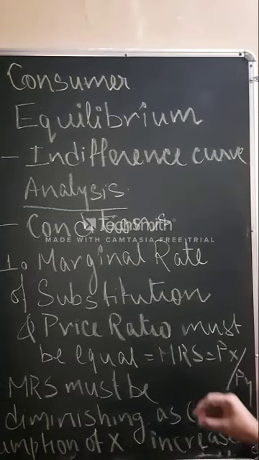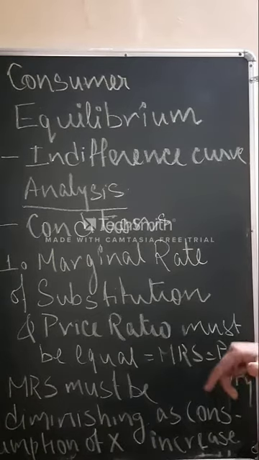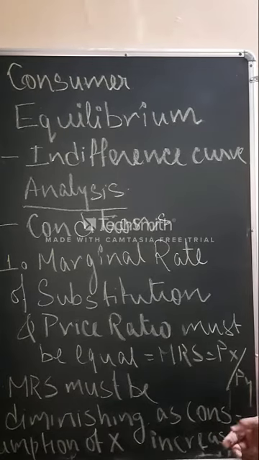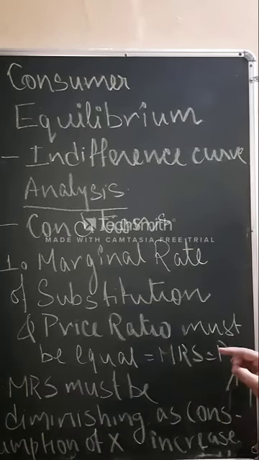This is the first condition, that the marginal rate of substitution, the rate at which in order to gain an additional unit of x, how much additional unit of y the consumer is sacrificing, should equal the ratio of Px by Py. Or we can say that delta y divided by delta x should be equal to Px by Py. This is the first condition.